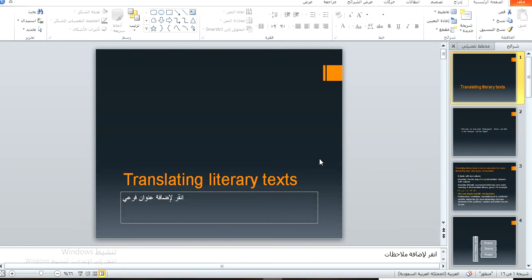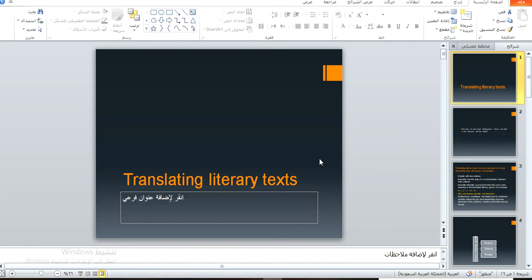As you know, the first two lectures were about some basics of translation. We talked in the second lecture about the main strategies and the main methods of translation. Such methods are literal translation, communicative and semantic translation. We also talked about metaphorical and idiomatic translation.